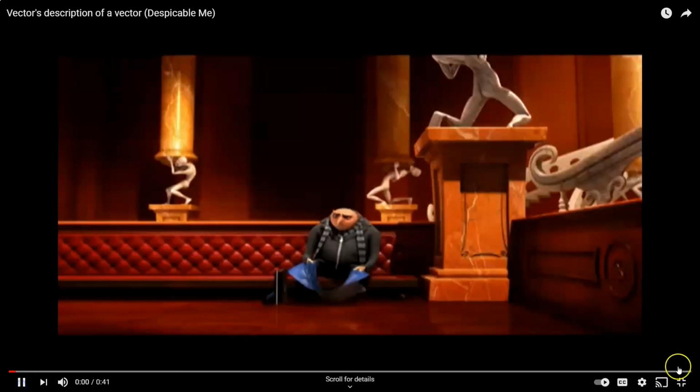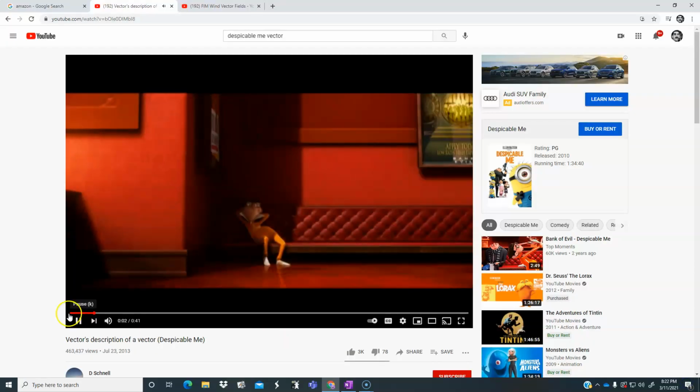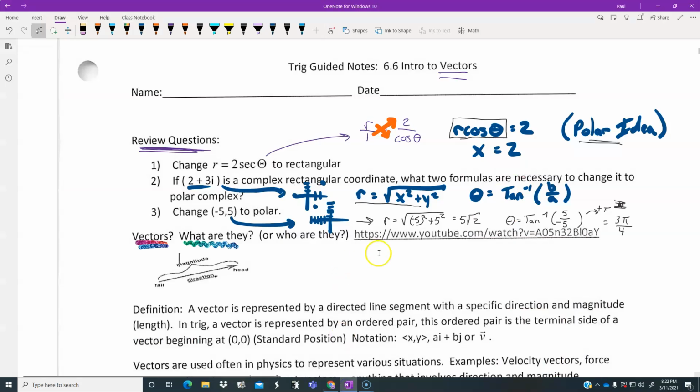That's totally awesome. Okay, the key thing to remember is that a vector is exactly what he explained there. It is a quantity represented by an arrow. So it's an arrow concept, and that quantity has two basic things going on.